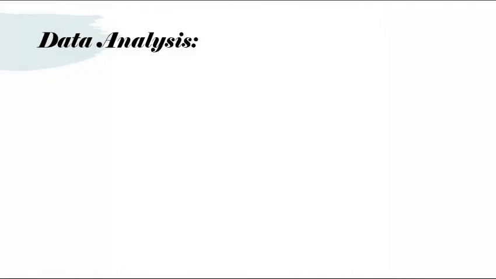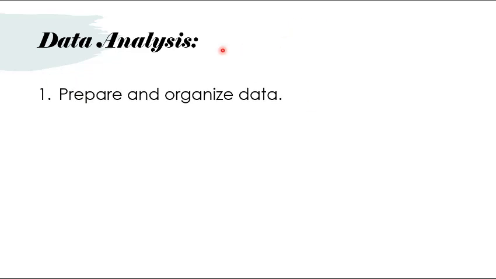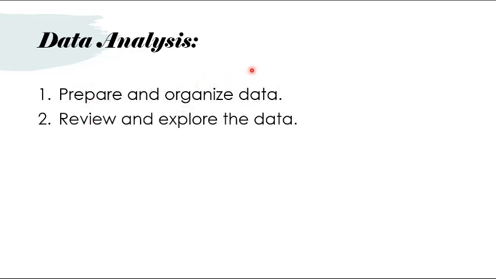Okay, what about the data analysis? Here we have the examples. Jadi kalau kualitatif biasanya kita menggunakan yang 5 ini. Jadi prepare and organize data. Jadi ketika sudah observation and wawancara, maka kita akan memprepare dan meng-organize our data. Setelah itu kita mereview, kemudian mengeksplore datanya supaya ketemu directness and indirectness in the utterances.